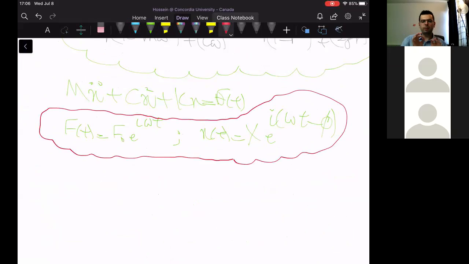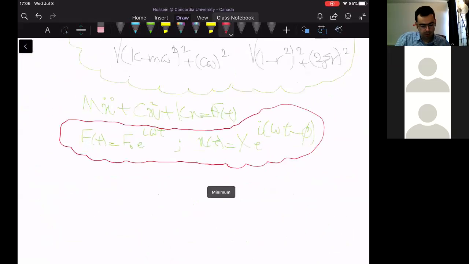But try to solve this equation of motion. In case you don't have the equation, you can at least obtain it.